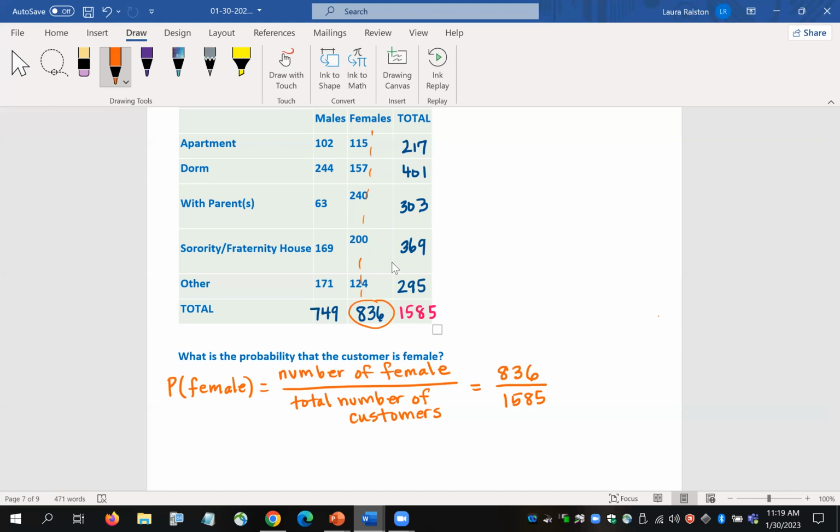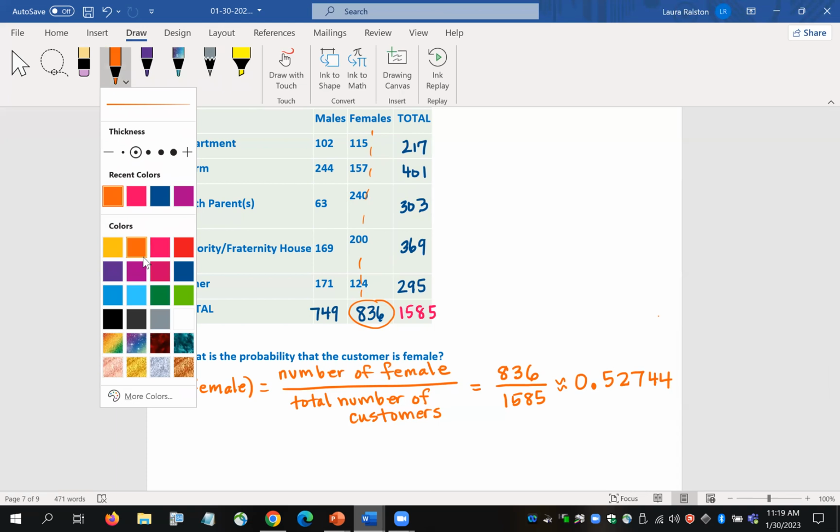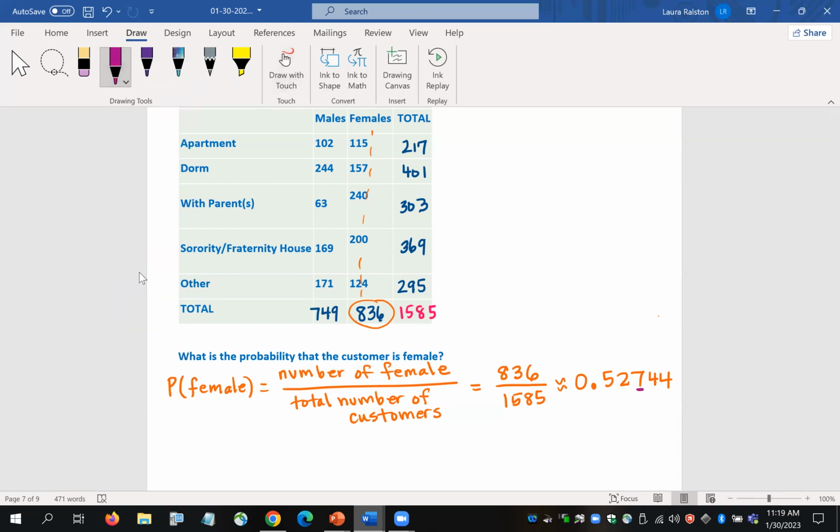Usually you're asked to write that as a decimal rounded to 3 places. So if I do 836, the top number, divided by 1,585, I have approximately 0.52744. Now, if I'm going to round that to 3 decimal places, some of you have trouble rounding. The third decimal place is a 7. Next door is the 4.